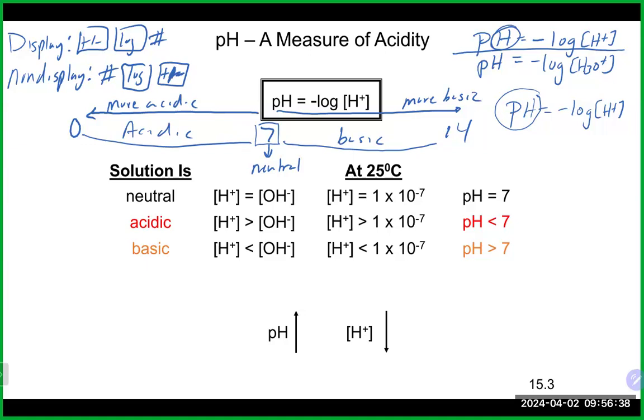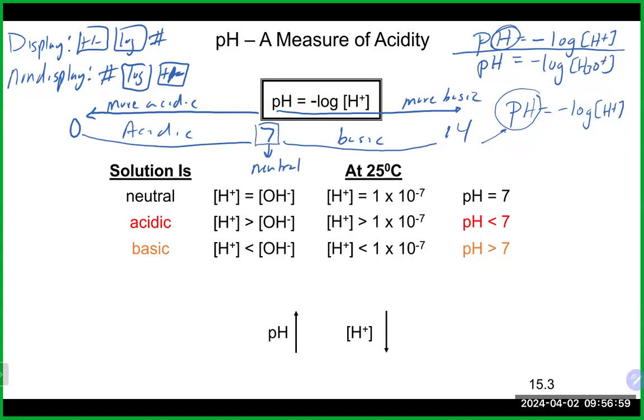I don't know if I've ever seen anybody put all three up for one solution, but sometimes people will put basic and acidic for the same solution. It should only be one of those things. We'll talk about why people do that a little bit later on, but I would always look at the pH value there to help you determine it.